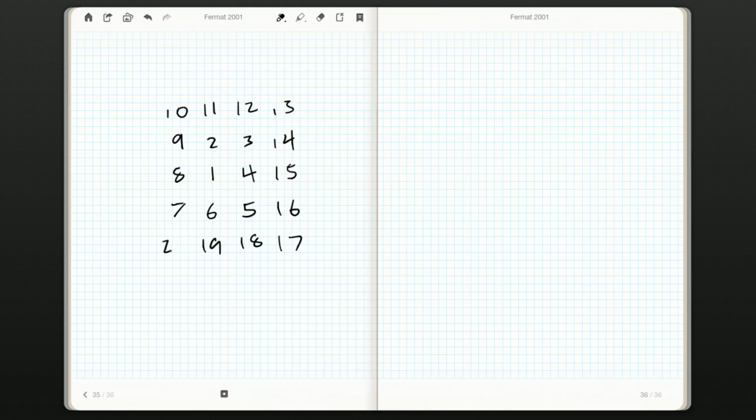Now, they didn't give us 25, but look at that, 25. And so now I predict that 36 will be right down here. So I'm going to put 36 in here, and we'll see if we make it.